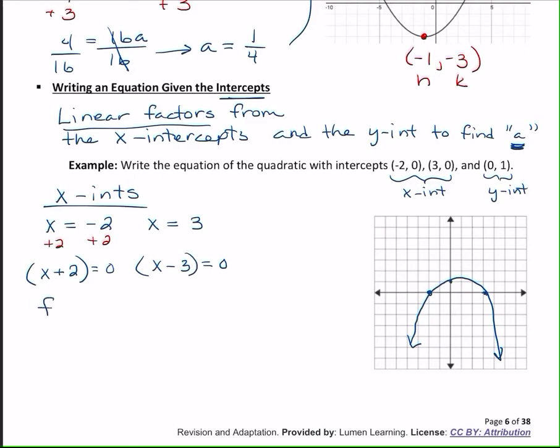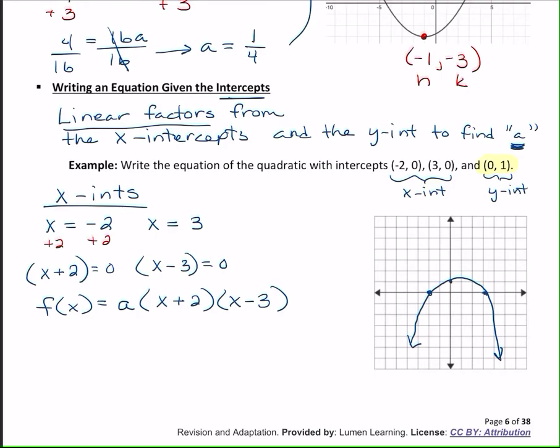So what that tells me is I've got some equation multiplied by a to tell me how thin or wide my parabola is, but then it's multiplied by x plus 2 and x minus 3, my two linear factors. And I'm going to use my y-intercept to find my a.